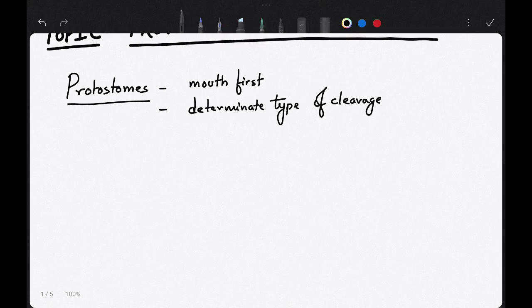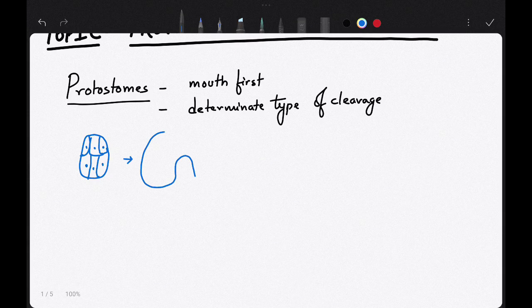Now what happens is that, suppose this is the morula, then the blastula comes and then the gastrula. This is the ectoderm, this is the endoderm.